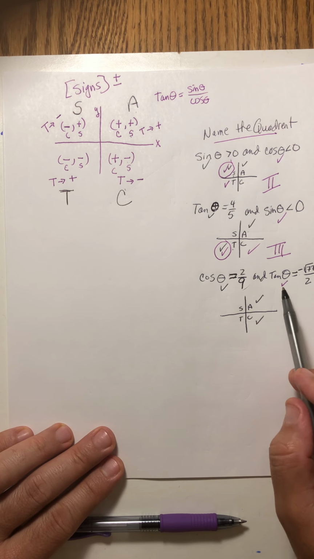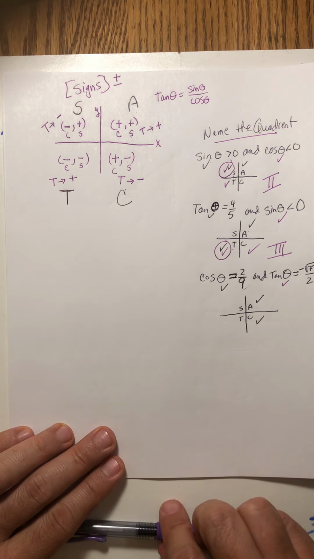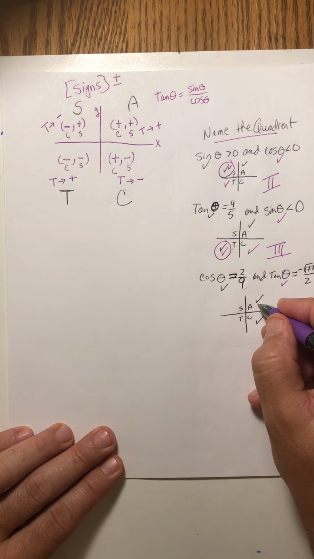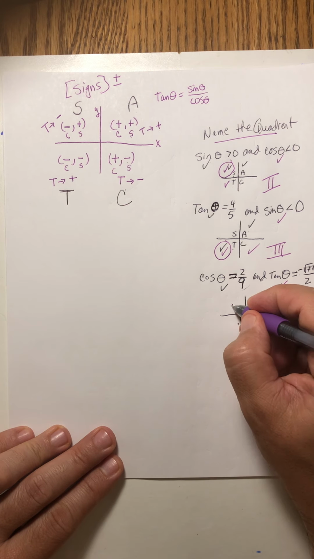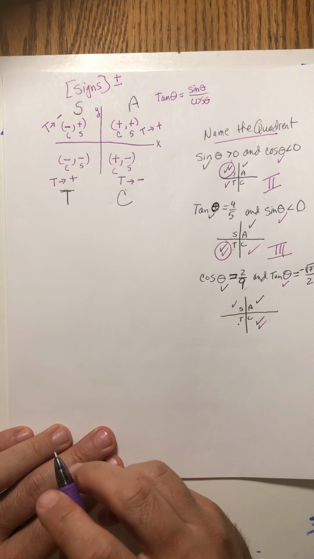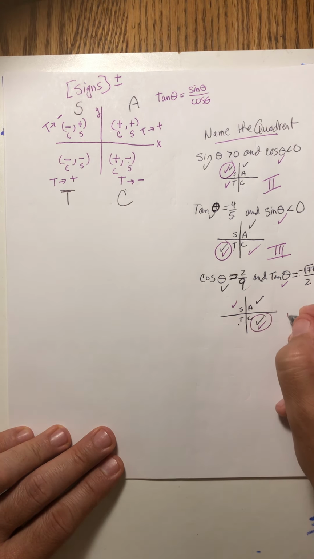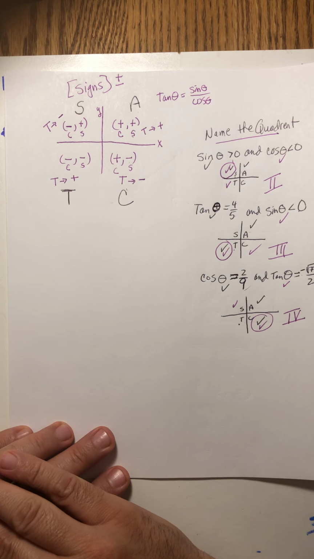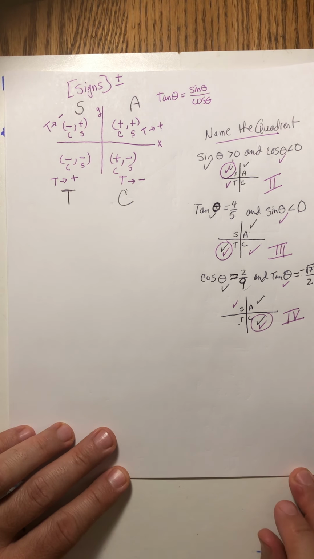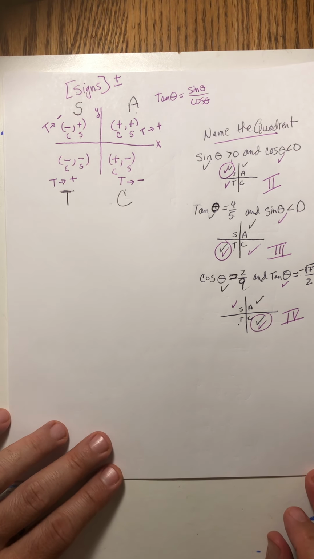Well, remember, all are positive, tangent's positive, so tangent's negative in quadrant 2 and quadrant 4. And we double check mark quadrant 4. Okay, that's the name the quadrant game. You're going to see that in the homework.